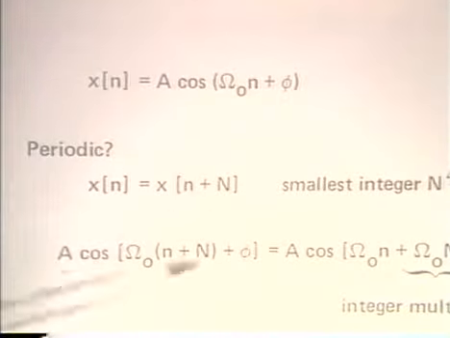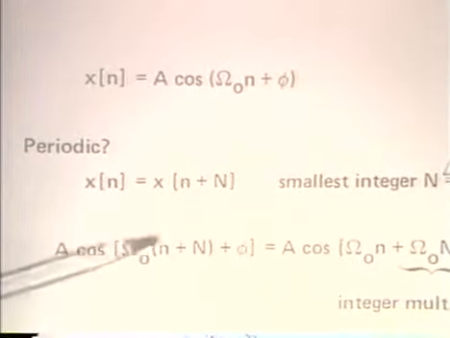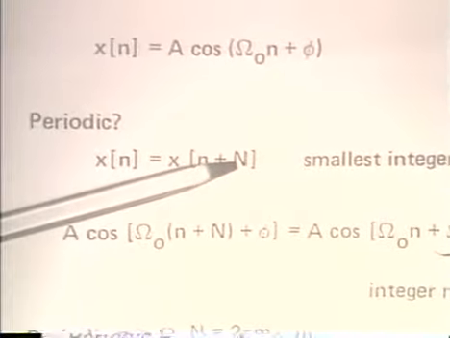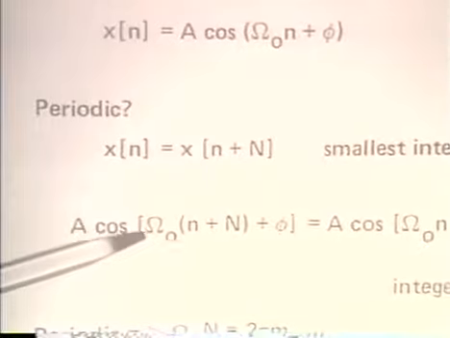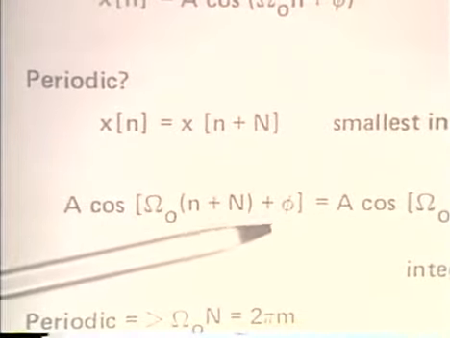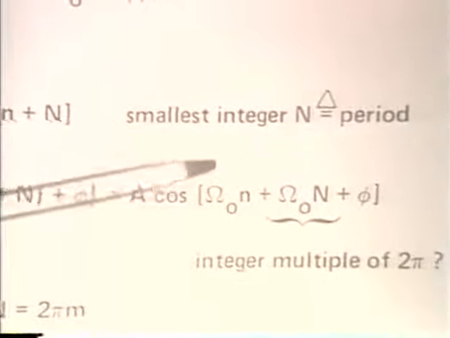Now, when we try that on a sinusoid, we of course substitute in for little n, little n plus capital N. And when we expand out the argument here, we'll get the argument that I have on the right-hand side.